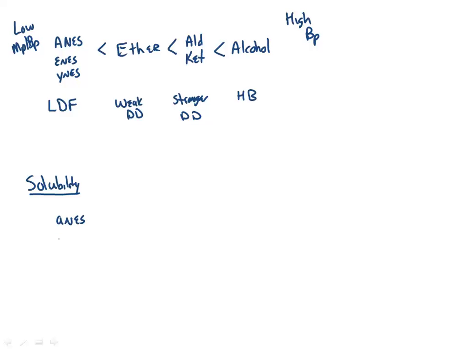Not the most, but the least. Notice that solubility follows melting point and boiling point for the most part. Ethers actually are fairly soluble, aldehydes and ketones, and this is relative to each other. And of course, alcohols are usually highly soluble.